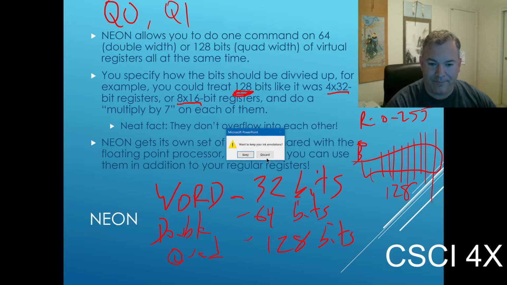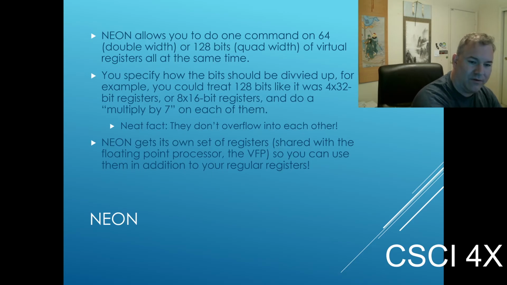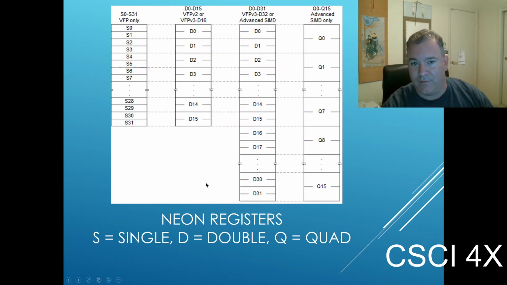So let's look at some code. So this is what it looks like. You've got 16 different quad registers, Q0 through Q15. These things are also the double registers, and they're also the single registers.